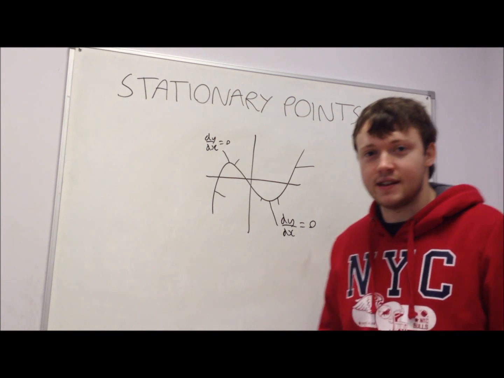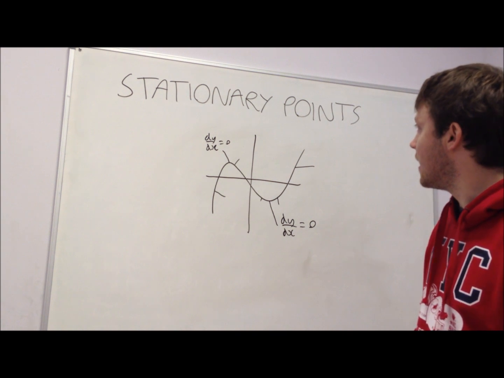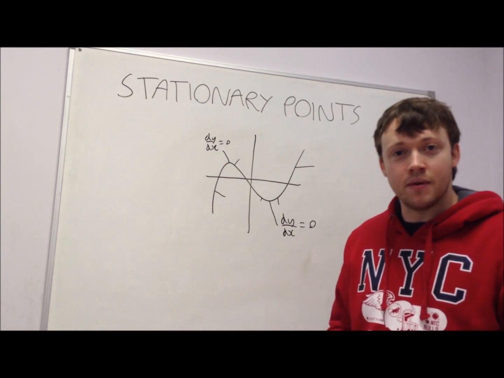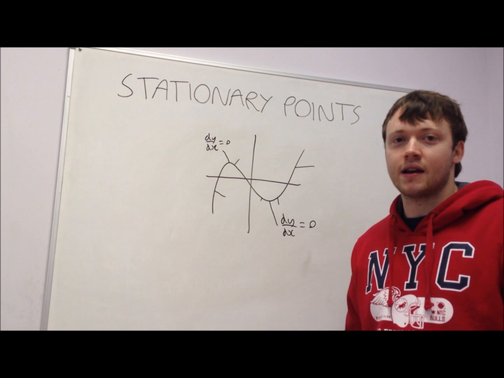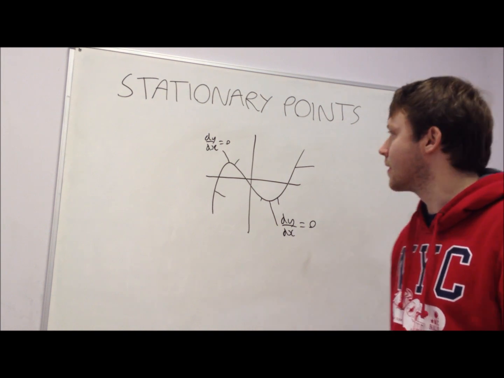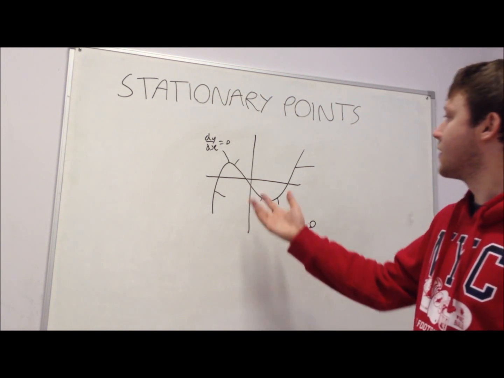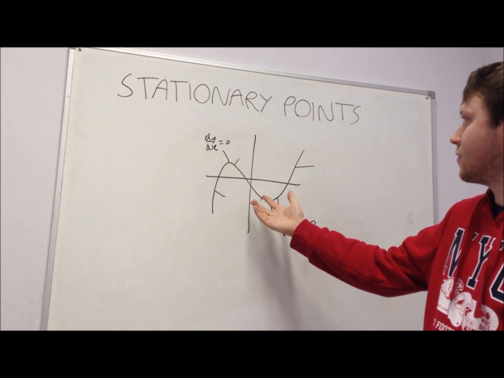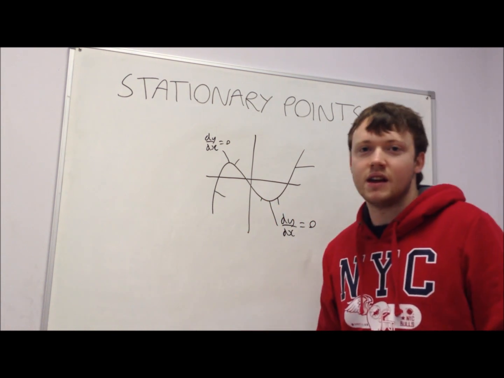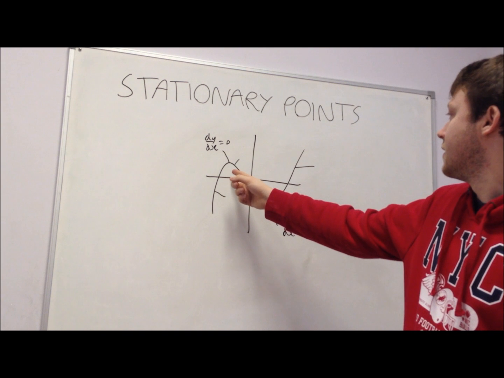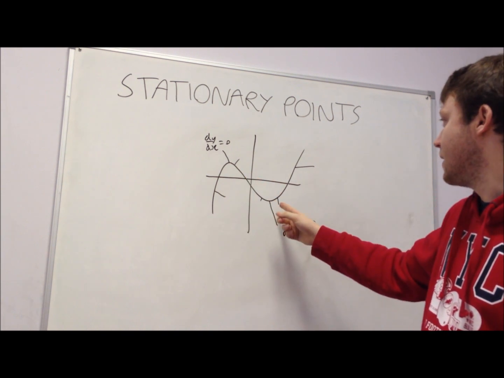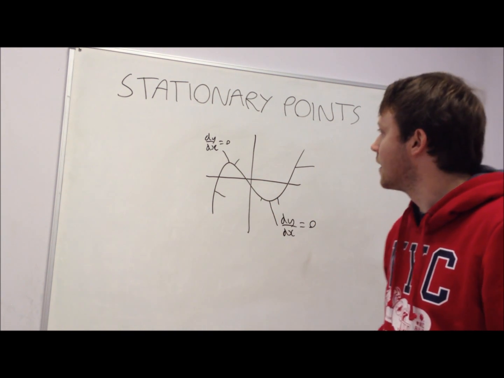And the nature of a stationary point is either a minimum or a maximum, or at least they're going to be the two types we're looking at today. So if you were to have a glance at this graph, you would probably intuitively guess that this one here was a maximum whilst this was a minimum, and you'd be correct.